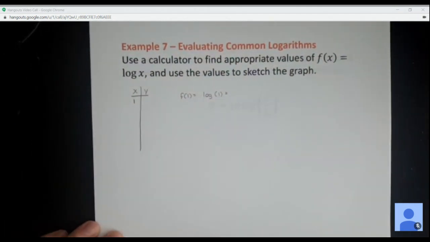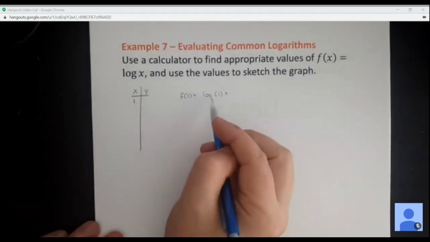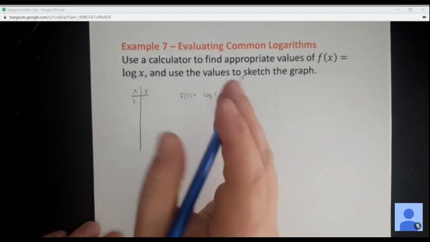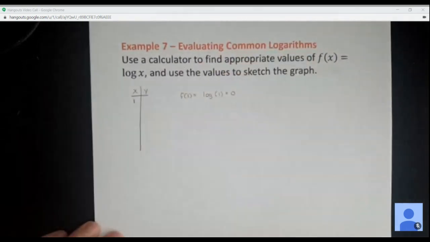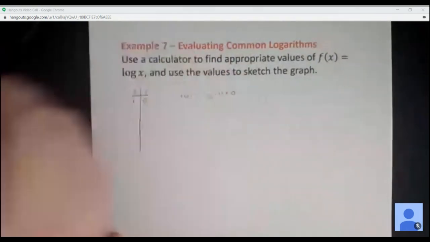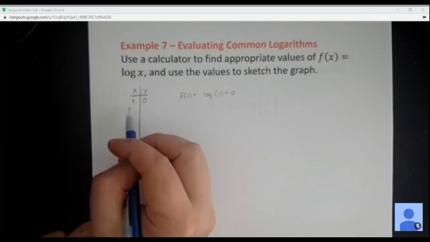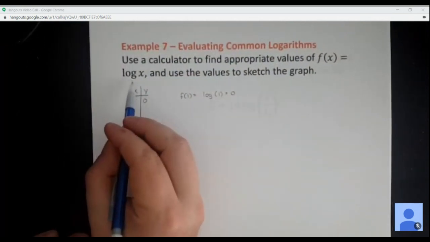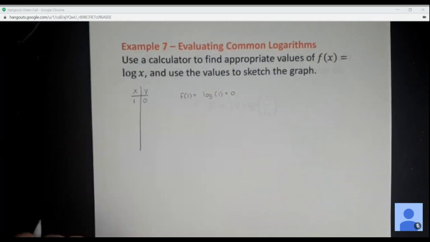What's the log of 1 going to give us? 0, right? Because regardless of what the base is, anything to the 0 power will give us 1. So we know any log of 1 should always be equal to 0. So we've got that point, (1, 0). And that should be consistent for every logarithm, regardless of its base.